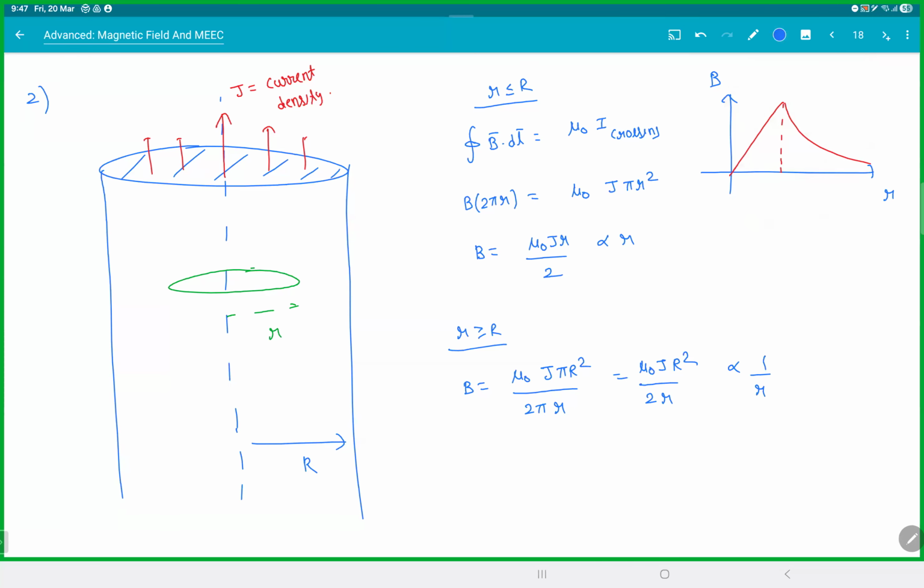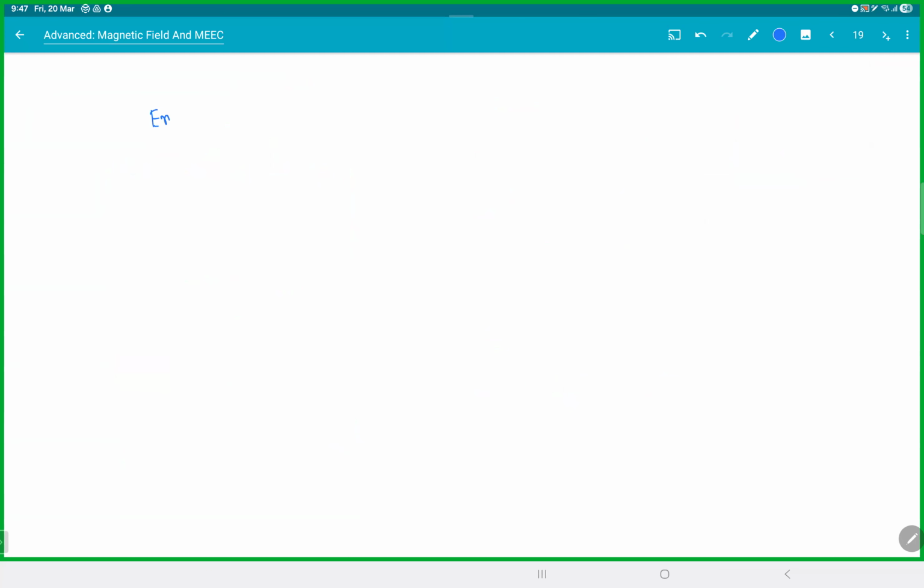Perfect. How do you find the energy? The magnetic energy density. If you remember in electrostatics, it is half epsilon E square. Here it is 1 by 2 mu naught B square. You want the energy from 0 to 2R, so you have to be careful. So energy from 0 to 2R will be the integral of 1 by 2 mu naught B square, so mu naught J small r by 2, whole square, dV, where dV is the volume.